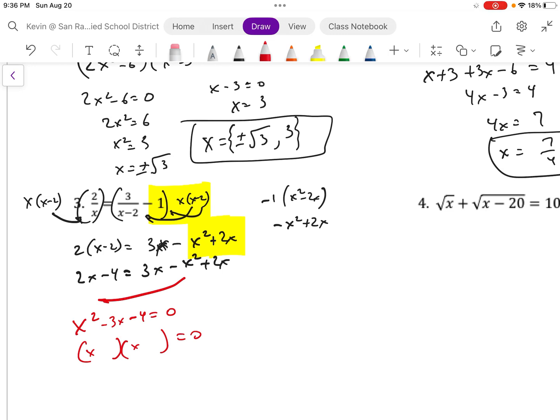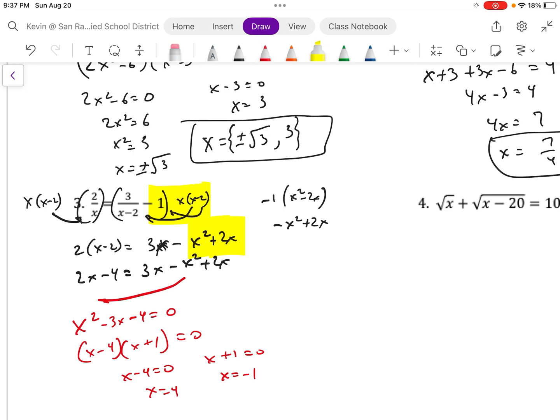Minus 4. That should make sense. Negative 4x plus... Okay, now x equals 4 and x equals -1.